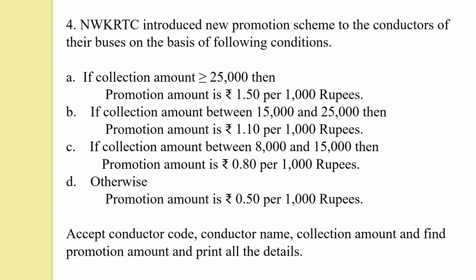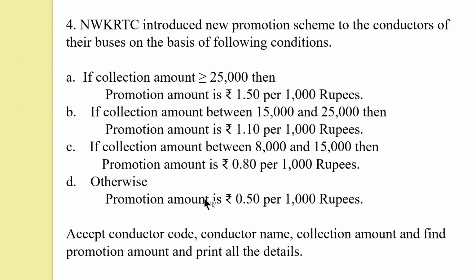Coming to the second condition, if the collection amount is between 15,000 and 25,000, then promotion amount is 1 rupee 10 paisa per 1000 rupees. Coming to the third condition, if collection amount is between 8,000 and 15,000, then promotion amount is 80 paisa per 1000 rupees.